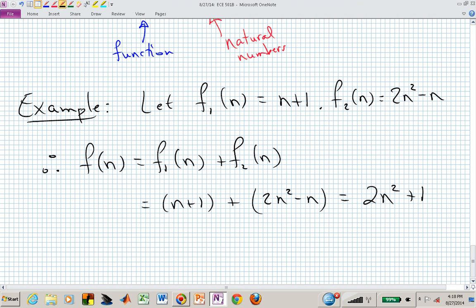This now has its domain as the set of natural numbers n, and it does get mapped into the set of reals. So this f of n does belong to that vector space. And those two functions then, their algebraic sum belongs to the vector space.